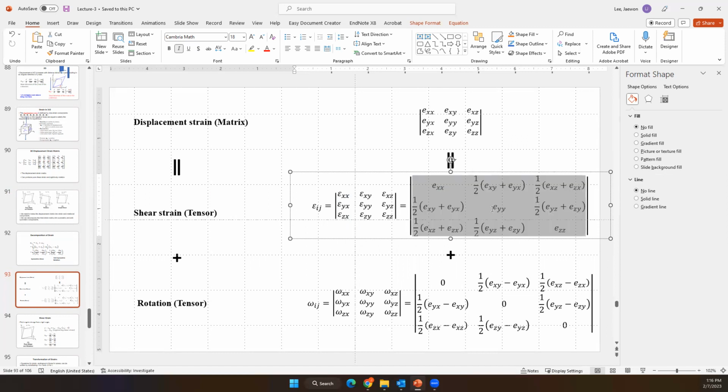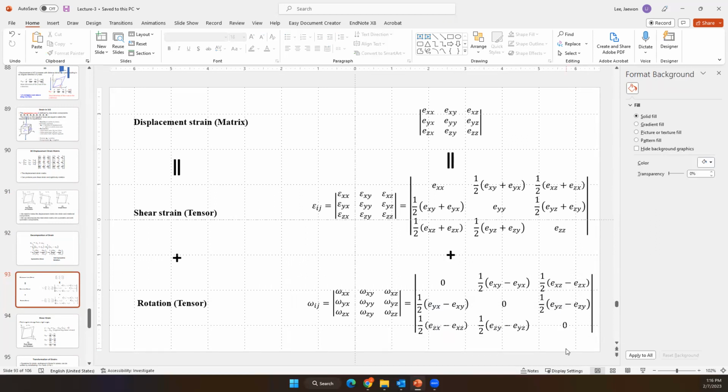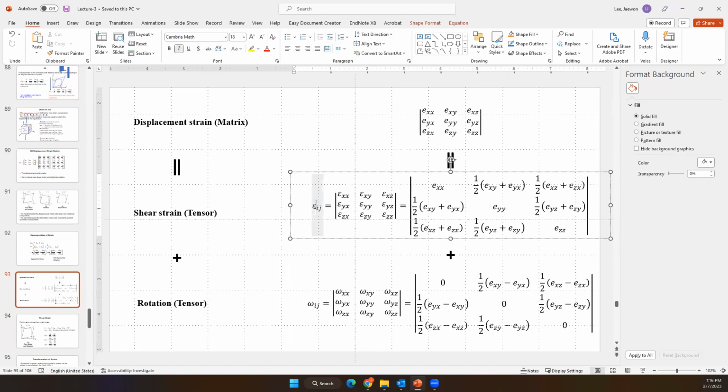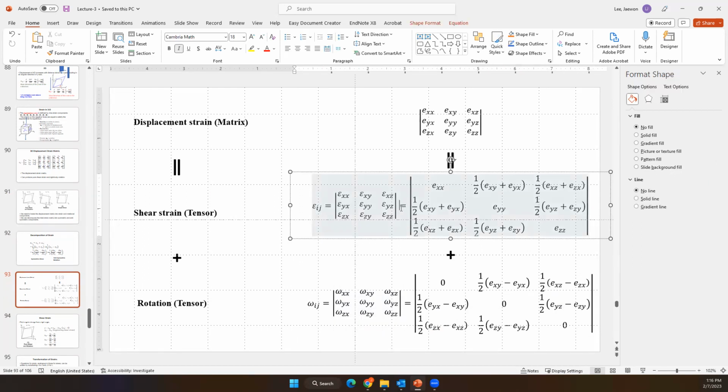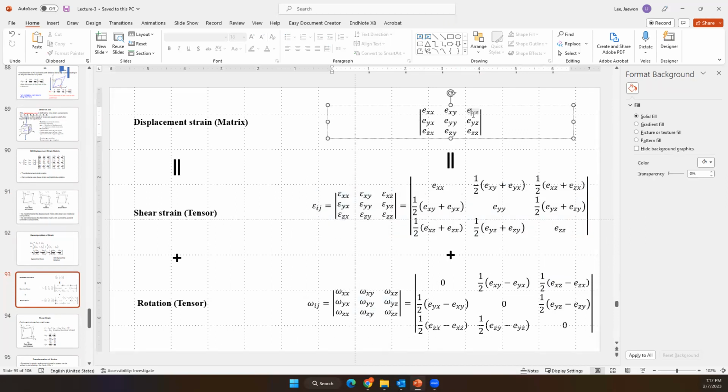So we can get this relation. But in the rotation tensor, the EXX, EYY, and EZZ are 0, and then we can obtain these components: WXY, WXZ, WYZ, WYX, WZX, WZY. And the sum of the two tensors, the strain tensor and the rotation tensor, is related to the displacement strain matrix.